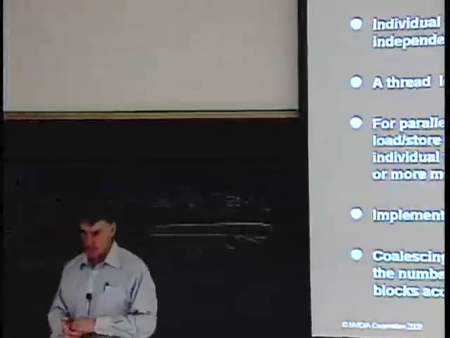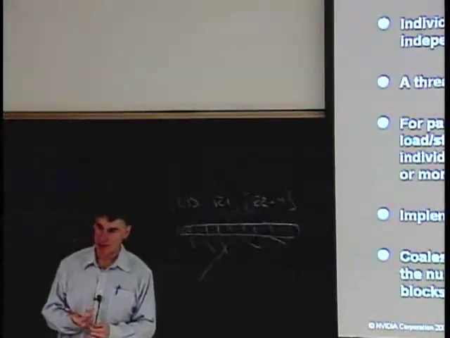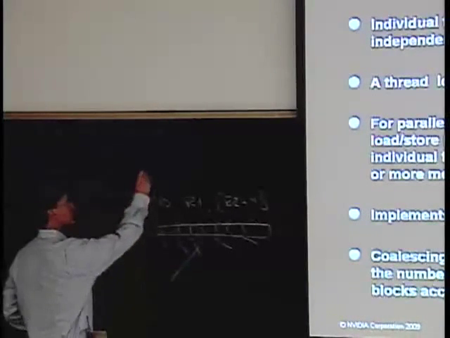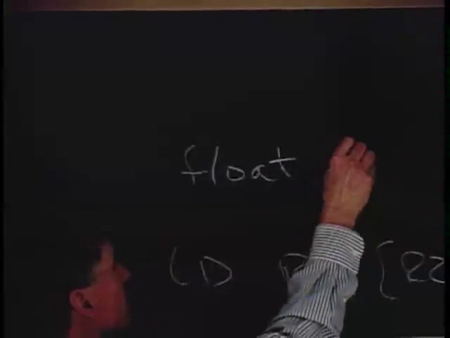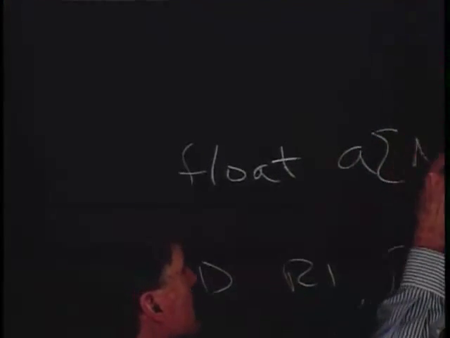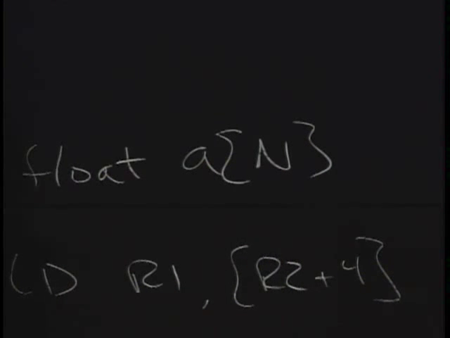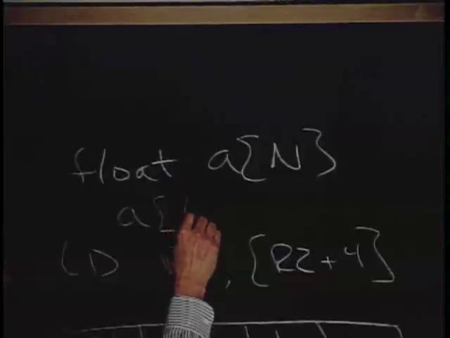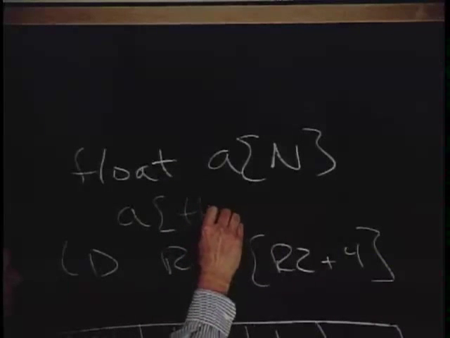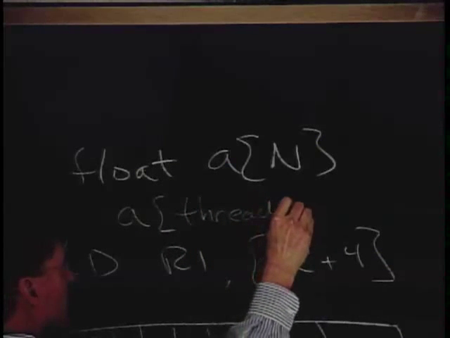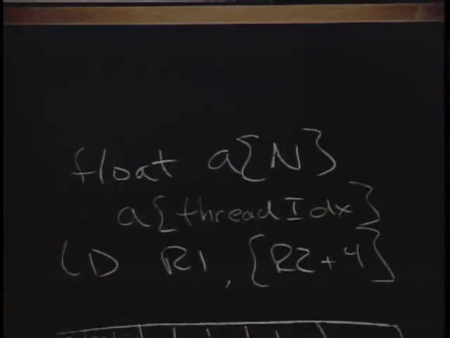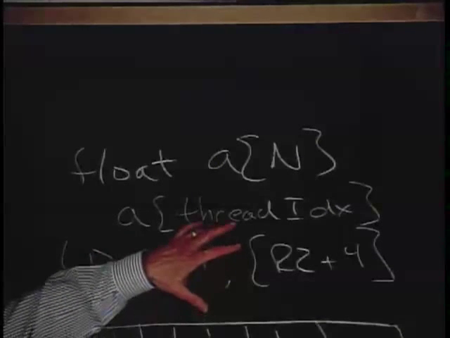So again, when you write a program, this tends to have a very simple form. If you declare some array A of n and you access some A sub I value, a simple way to access that is to use your thread IDX, your thread number, as the index.